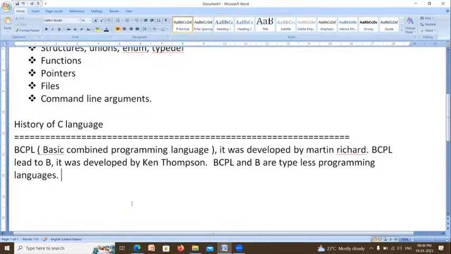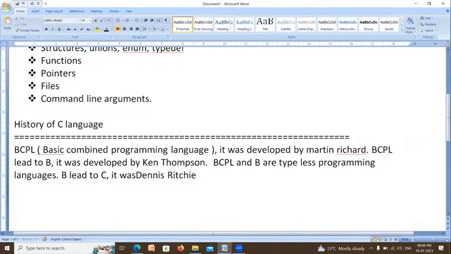Then there was a person called Dennis Ritchie. He developed a new programming language which supports data types and named it C. What is the next language after B? He named it C. So B led to C. From the B language, the C language was developed.